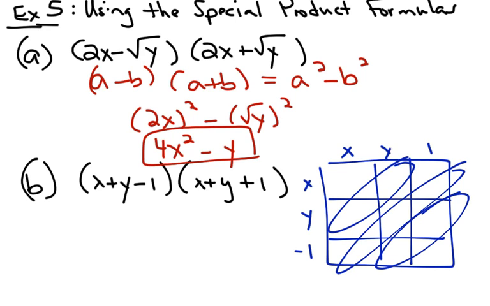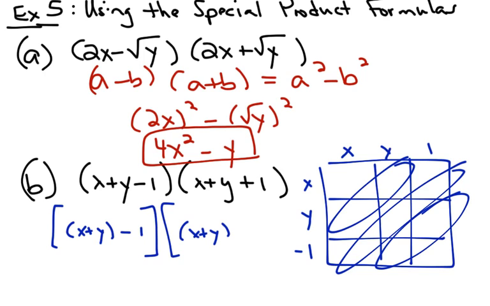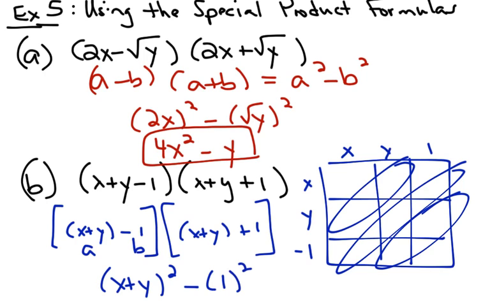But I'm going to show you why it's a special product. It is actually a plus b, a minus b, where this is a and this is b. So if it's a plus b, a minus b, when I multiply it, I get a squared minus b squared.